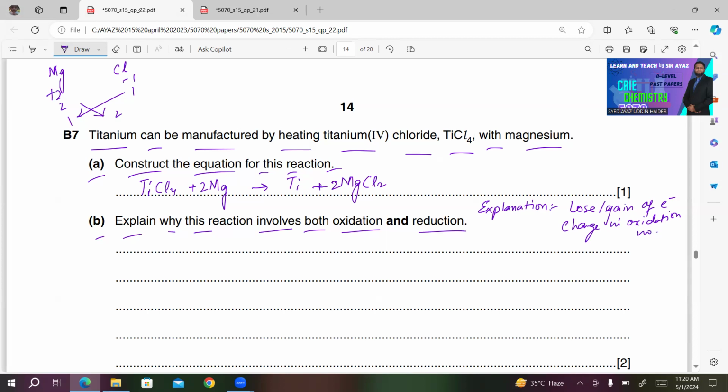So for magnesium, it has reacted with chlorine. It means it has lost electrons. From here till here, it has lost electrons. So we write oxidation because Mg loses electrons.